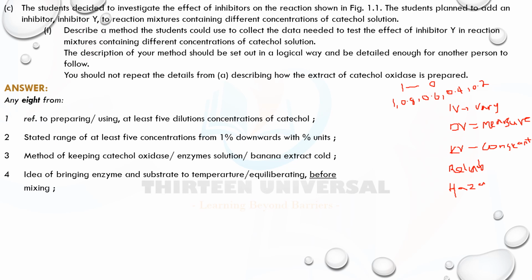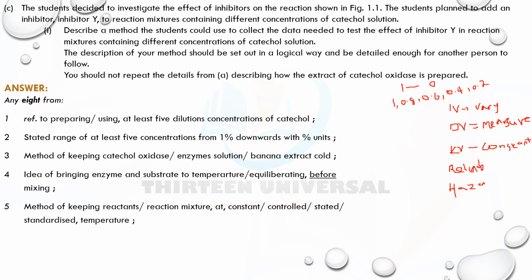So the enzyme and substrate, you have to equilibrate both of them before mixing them, so you have to write all of this. So keep the reaction mixture at a constant, controlled, standard temperature, because temperature has an effect on enzyme-catalyzed reactions. All right, so same known volume of catechol substrate and all of that.